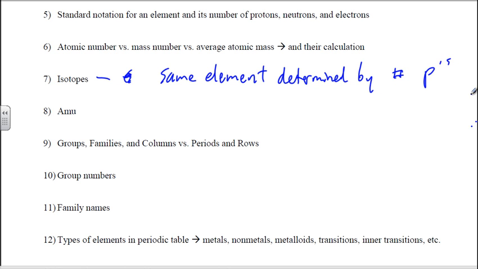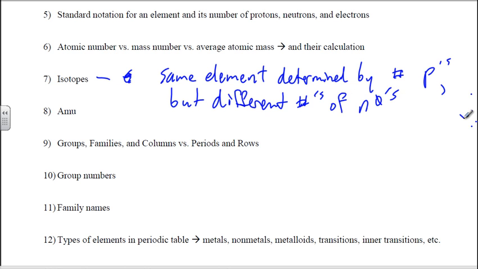So if you have 6 protons, for example, carbon, no matter what. 7 protons, nitrogen, no matter what. So I'm looking at the atomic numbers on the periodic table, the big blue numbers on the upper left. Okay? But isotopes are going to be the same element. They're going to have the same number of protons, comma, but different numbers of neutrons.